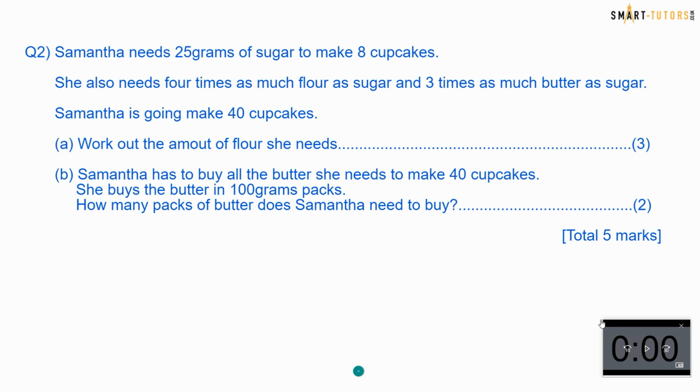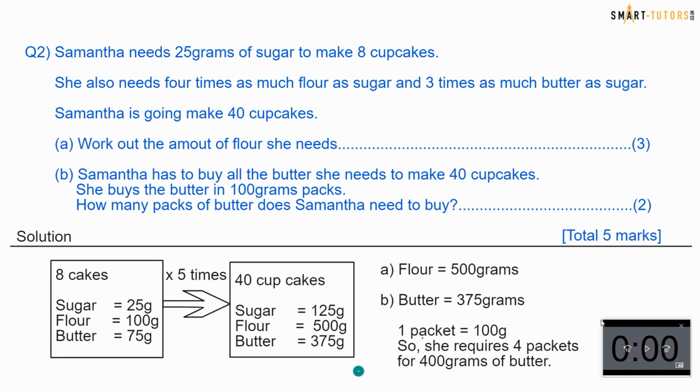Let's look at the working for that. So the answer for the first part is 500 grams of flour, and for part B they need 4 packets of butter. That is the answer. Let's look at how I did the questions.